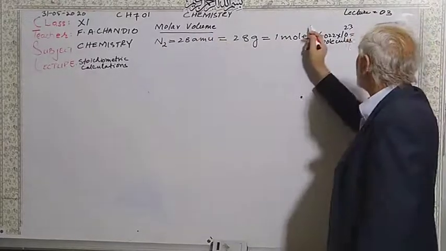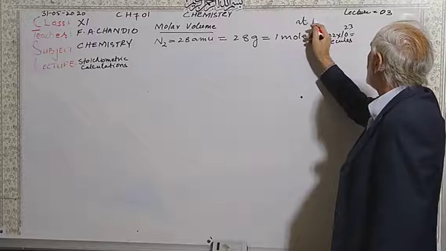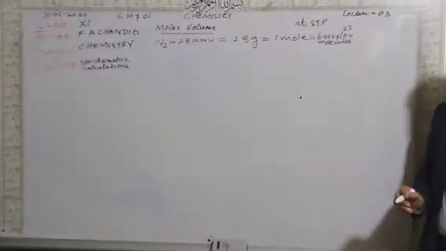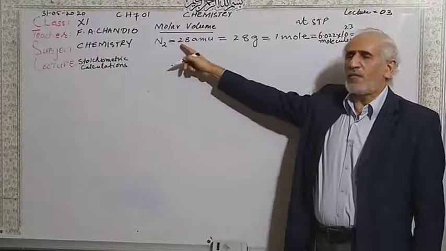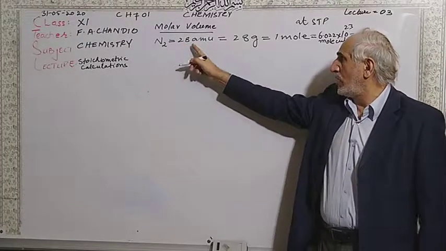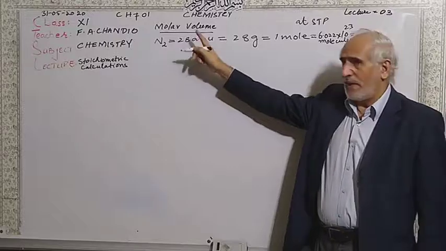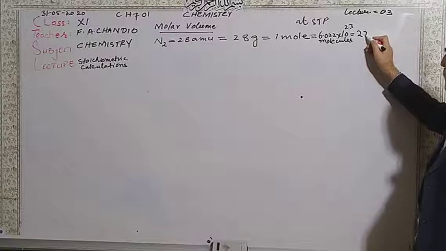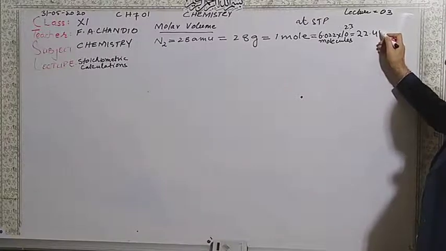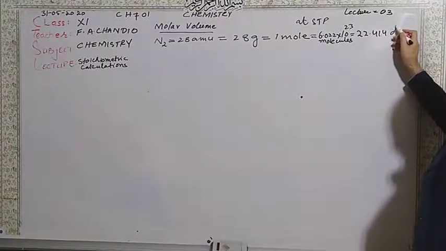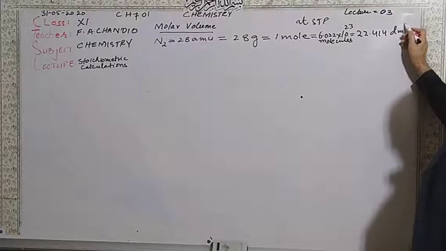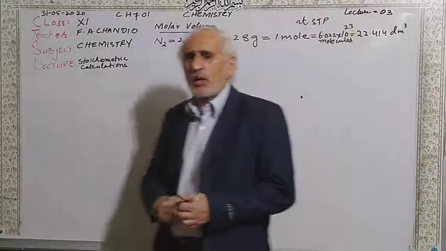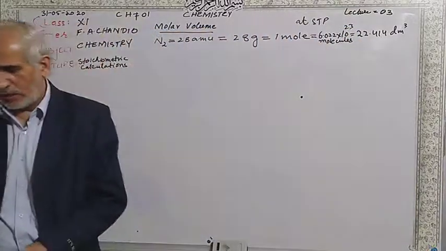At STP, standard temperature and pressure, 1 mole of nitrogen gas means 28 grams. 1 mole of nitrogen gas contains 22.414 decimeter cube occupied by the gas, and this is called the molar volume.